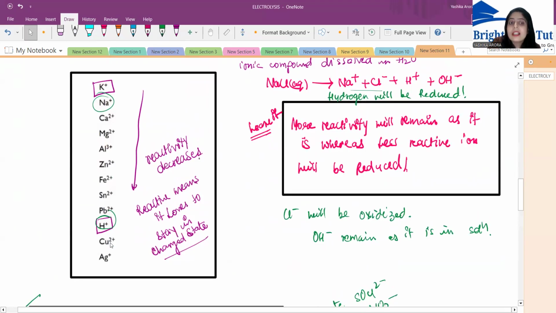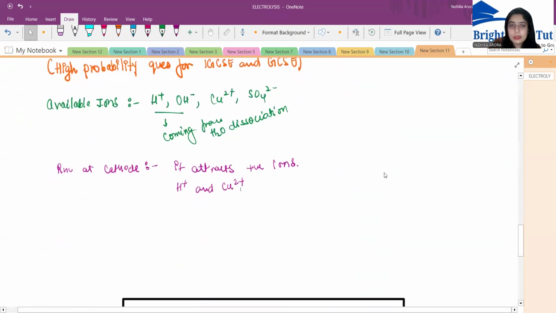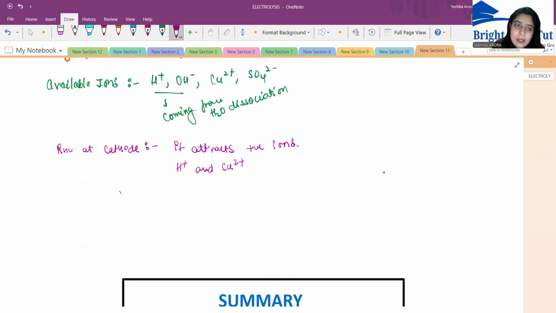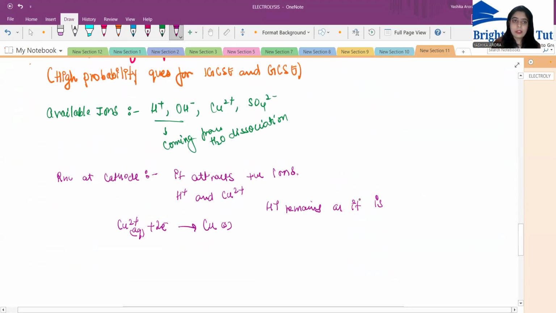Copper 2 plus is less reactive. So the more reactive remains as it is, and the less reactive is reduced. So what happens? Copper 2 plus plus 2 electrons forms copper solid. You can put aqueous here. So H plus remains as it is, because it is more reactive.